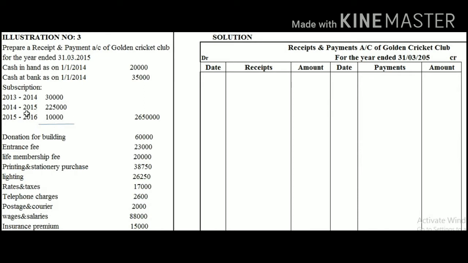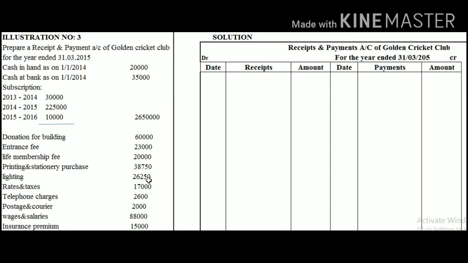All are recorded in receipt and payment account. So the past, the current and the future periods are recorded in receipt and payment account.